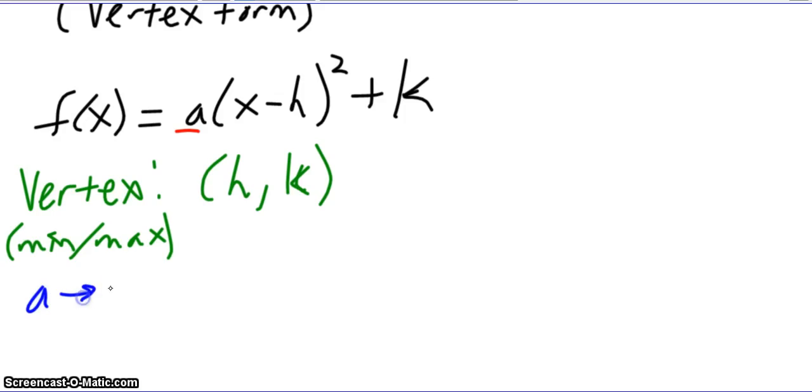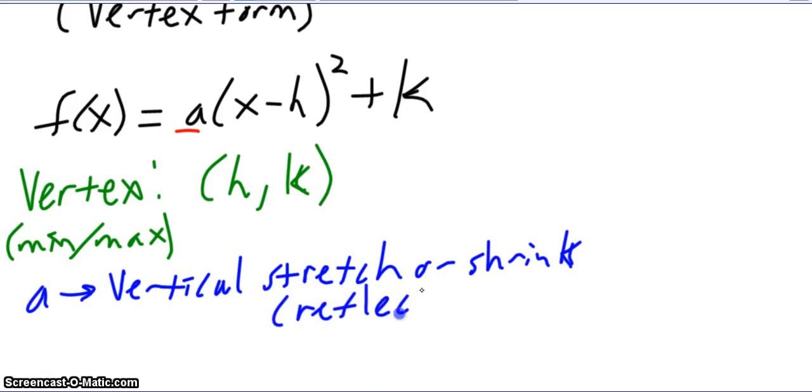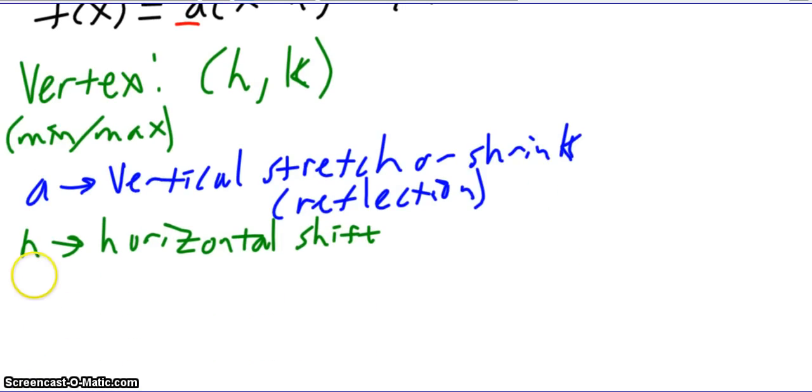Also notice that if we think back to our transformations, the a represents a vertical stretch or shrink, and it would also relate to a reflection, h is going to be a horizontal shift, and k would be a vertical shift.